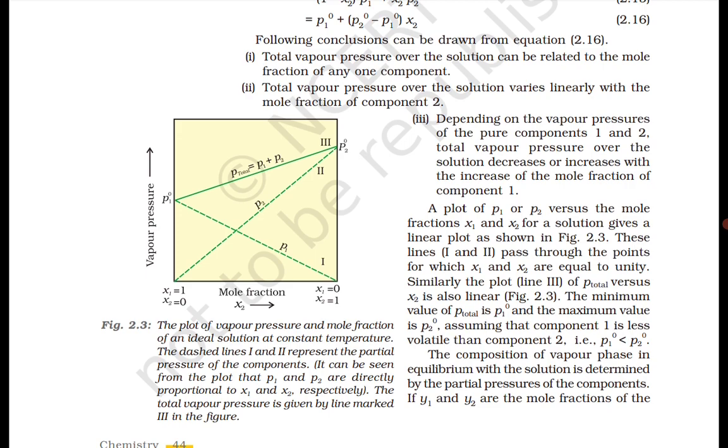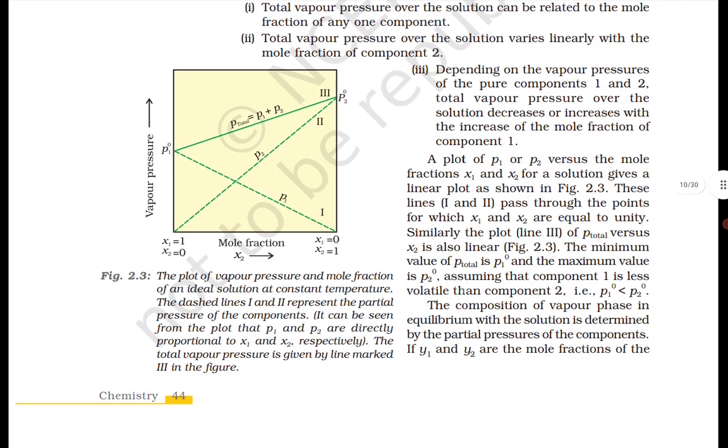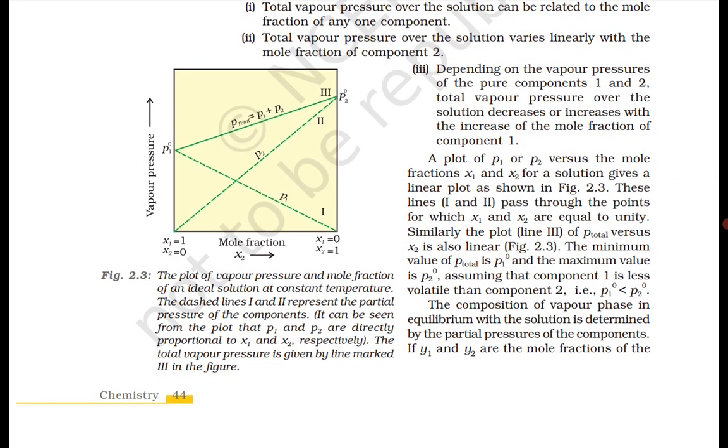The minimum value of P total is P1 naught and the maximum value is P2 naught, assuming that component 1 is less volatile than component 2, that is, P1 naught is less than P2 naught. The composition of the vapor phase in equilibrium with the solution is determined by the partial pressures of the components.